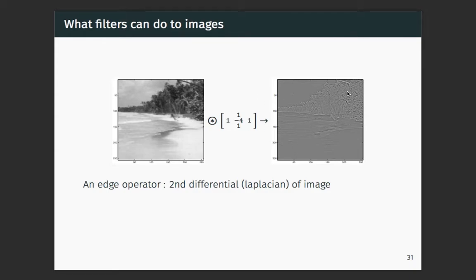You get this kind of textured operation where you are trying to retrieve all the edges in your picture. Okay, so the output of the filter will be 0 if there is no edge whatsoever, and it will be non-zero, so either positive or negative, depending on whether you have an edge or not.